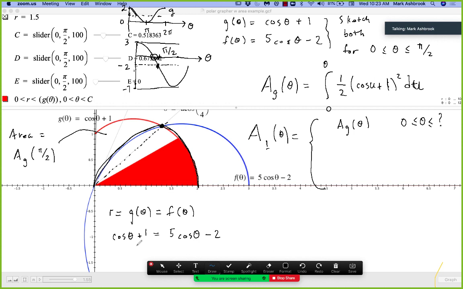We get 4 cosine theta equals 3, so cosine theta equals 3/4, and theta equals the inverse cosine of 3/4.